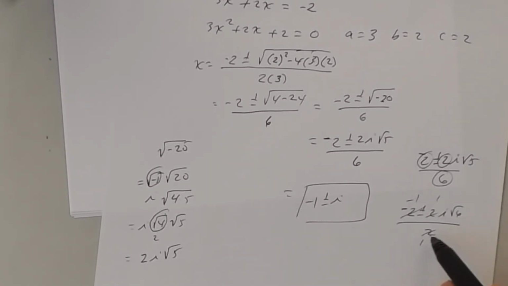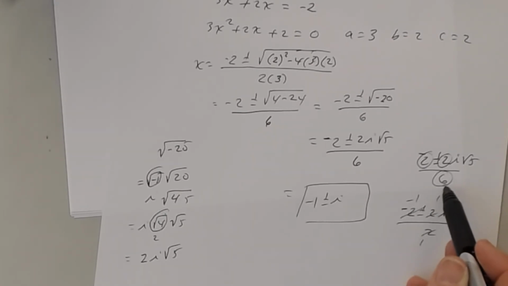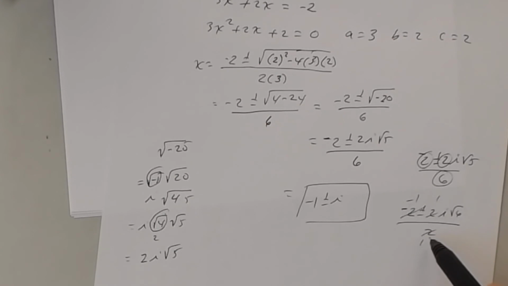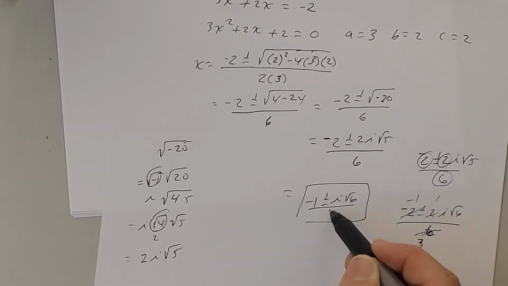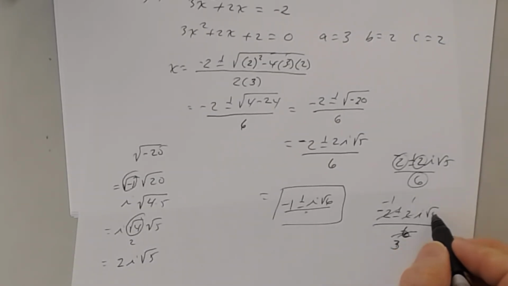I'm sorry? Oh, you're right. That was 6, right? I'm not sure why I put a 2 here. So that's supposed to be 6, and when you divide it by 2, you get what number? 3. So negative 1 plus or minus i square root of 5, all divided by 3. Good Lord, what am I doing? The index is 5, so square root of 5, right?